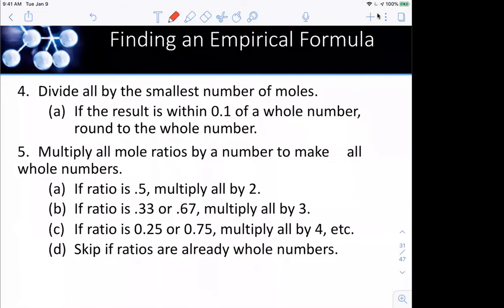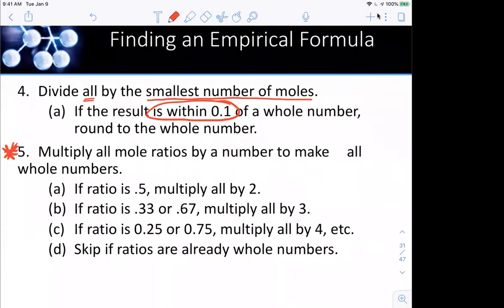I'm going to divide all of those, the pseudo formula, by the smallest number of moles of a particular element. If the result is within 0.1 of a whole number, I'm going to round to the whole number. This is an important part.